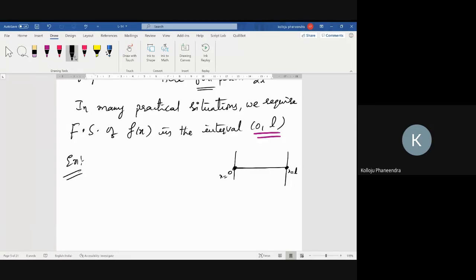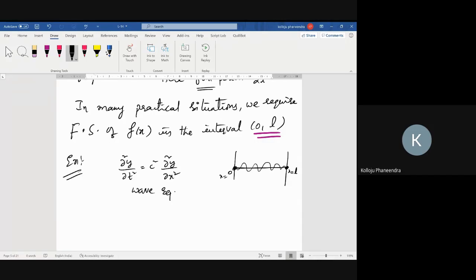If I make a vibration in the string, it produces one equation: dou square y by dou t square equal to c square into dou square y by dou x square, which is called the wave equation.